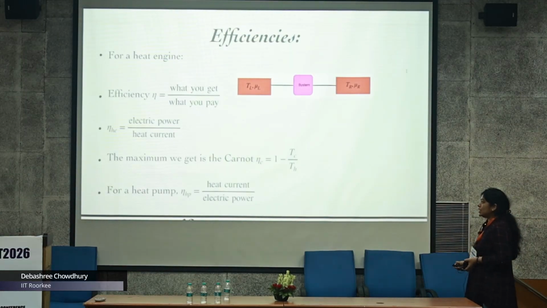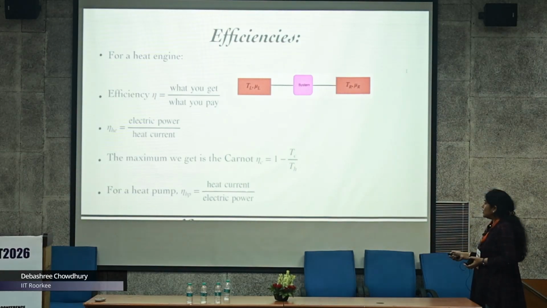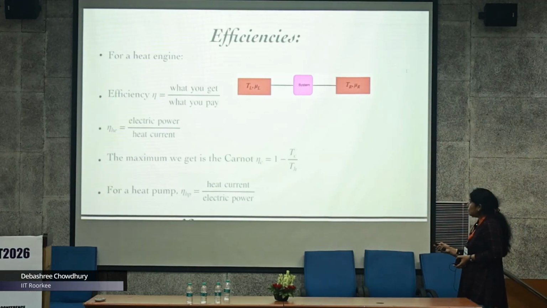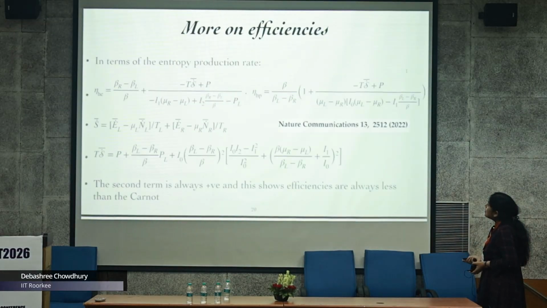And for the heat pump, a famous example of which is the refrigerator, basically the reverse definition is applicable here. Let me skip these two slides. So this is the final expression for the efficiencies. This is for the heat engine case, this is for the heat pump case, and this T S dot, S dot is the entropy production rate, and you can see that this is basically the Carnot efficiency plus this term.